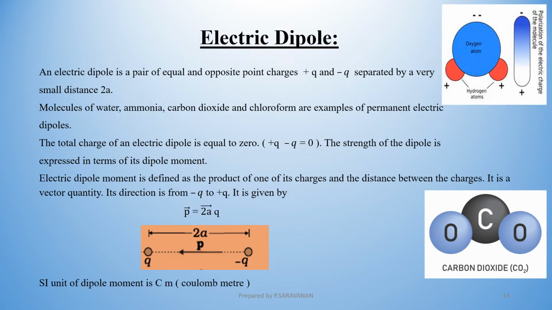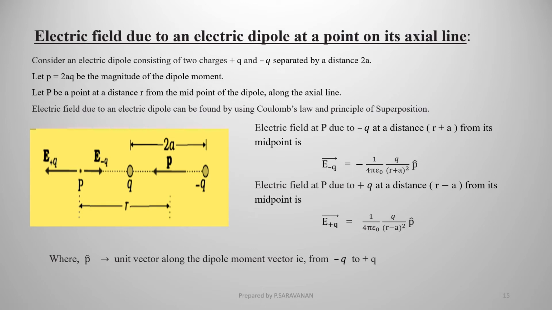Let us now derive an expression for the electric field due to an electric dipole at a point on its axial line. Consider an electric dipole consisting of two charges plus q and minus q separated by distance 2a.